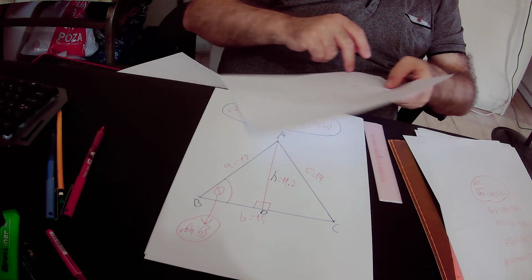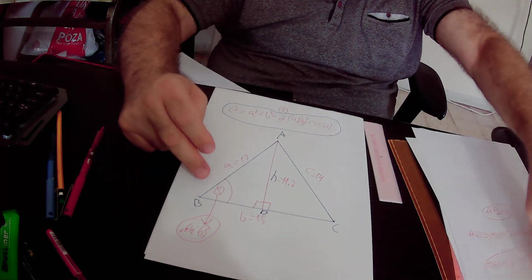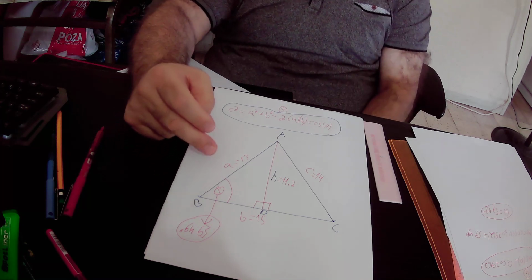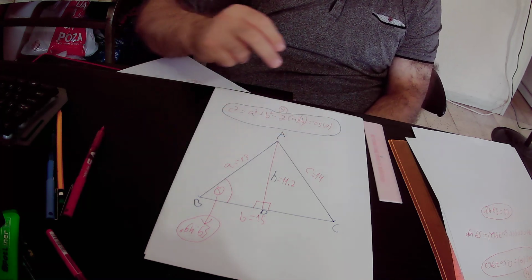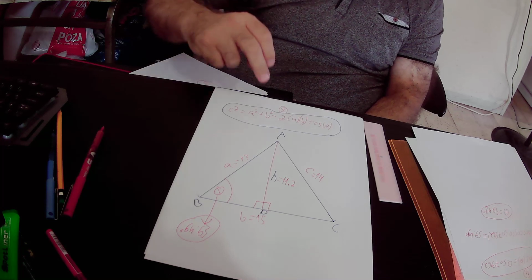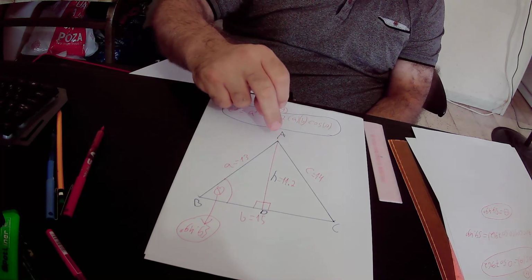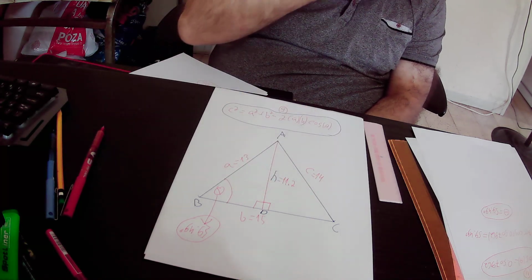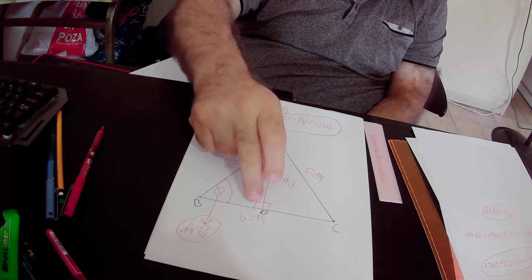So after we know that theta equals 59.49 degrees, it is very easy to find the area of triangle ABC. We drew a perpendicular to side BC of triangle ABC. So this is a right angle, this is a right angle.